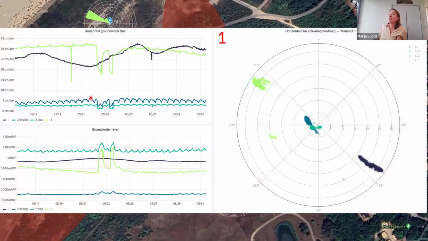Let's focus a bit more on the first rabbit ears, and we can see that when pumping in the protection wells was stopped, we immediately see the effect in the groundwater flow measurement, as well as in the level measurements closest to this protection well. We also see an effect in the measurements near the watershed, in the groundwater fluxes as well as in the water levels.